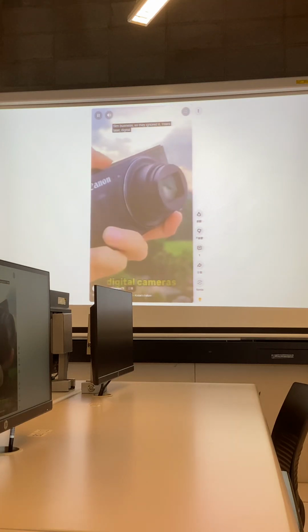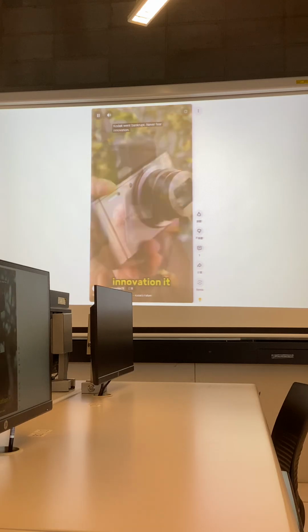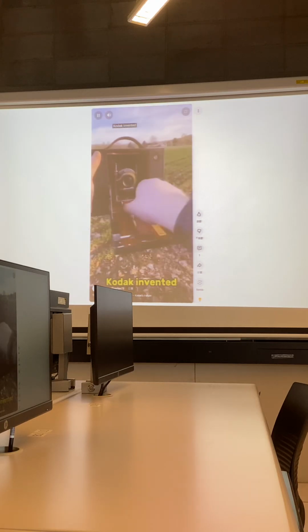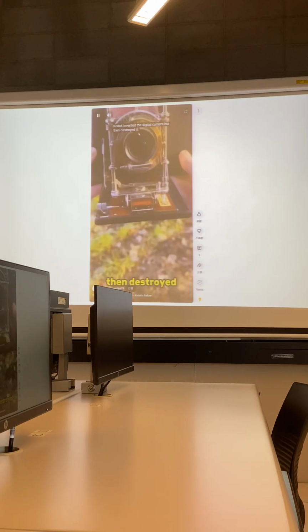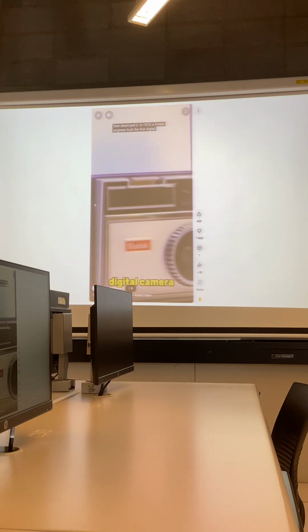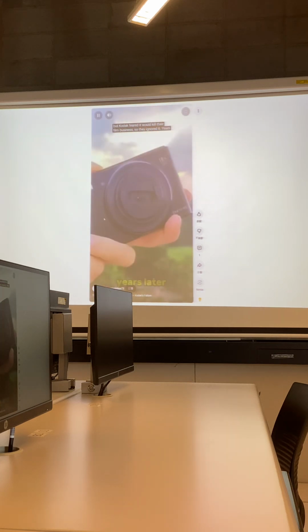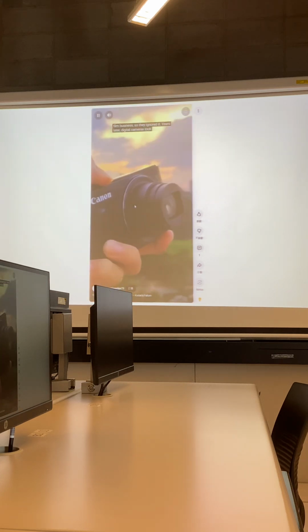Years later, digital cameras took over, and Kodak went bankrupt. Never fear innovation. It might save your business.